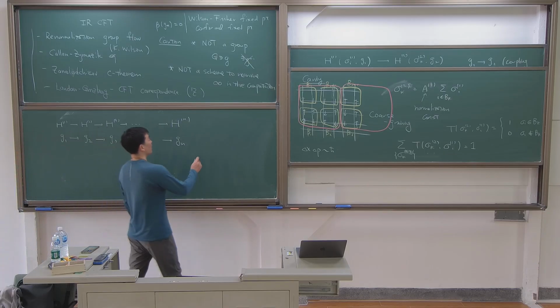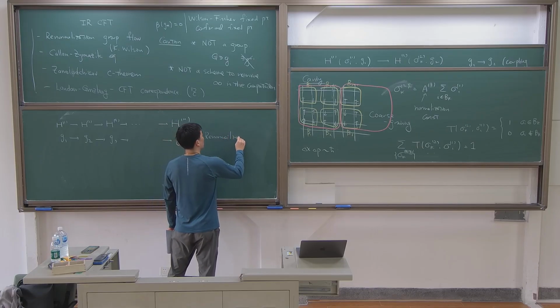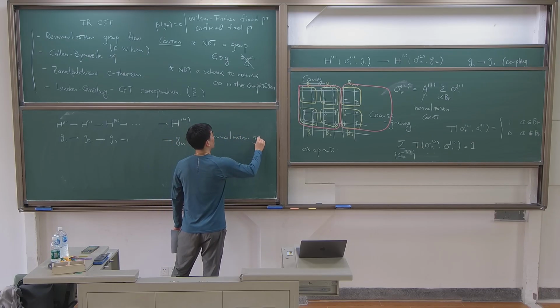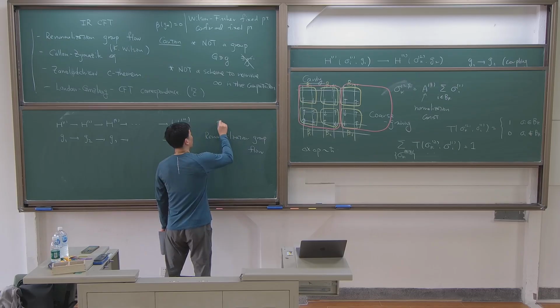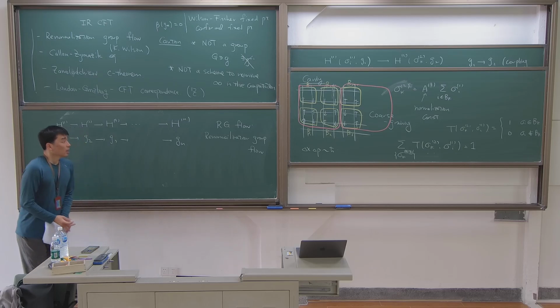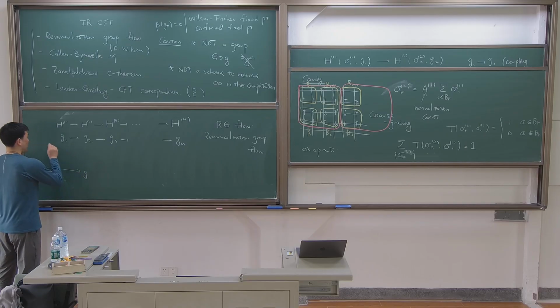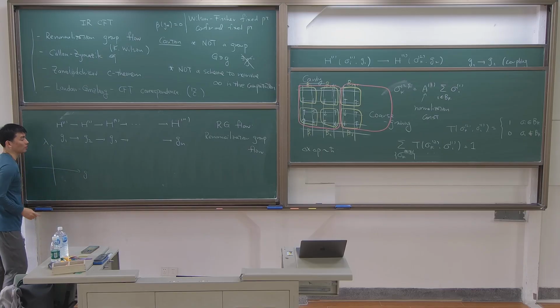So that's the renormalization group, and from now on we call it RG flow. If you have a space of coupling constants, say G, and then lambda or mu or whatever, lots of coupling constants, you start around this point.